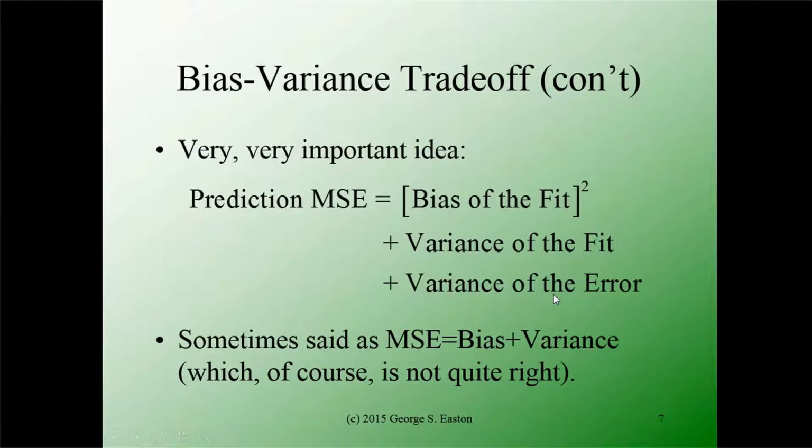Now this is sometimes said in kind of a shorthand way that the MSE is the bias plus the variance, and this is not quite right because it's really the bias squared, and in addition the variance of the error has been left off. But this is basically the idea, that the major components of the prediction mean square error correspond to a bias piece plus a variance piece.